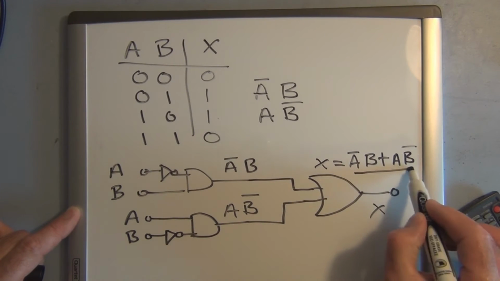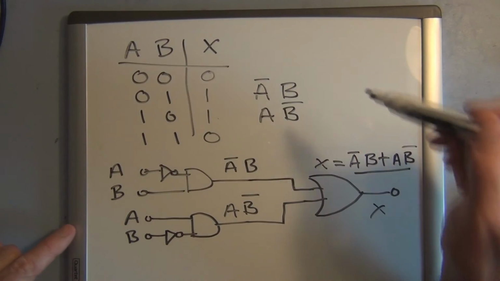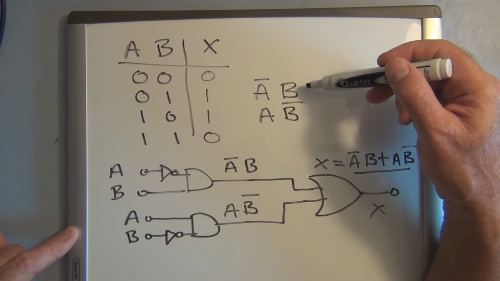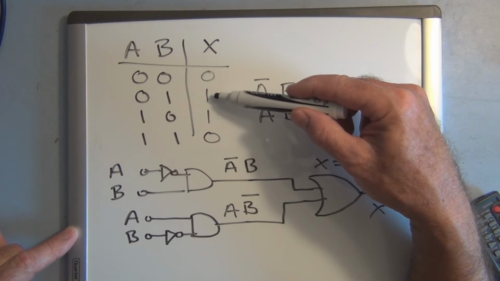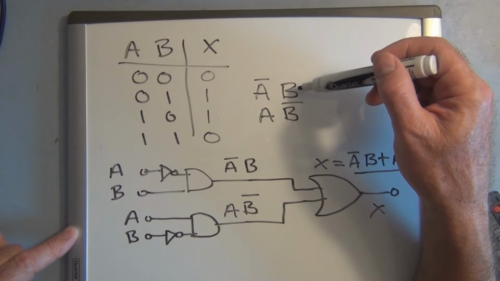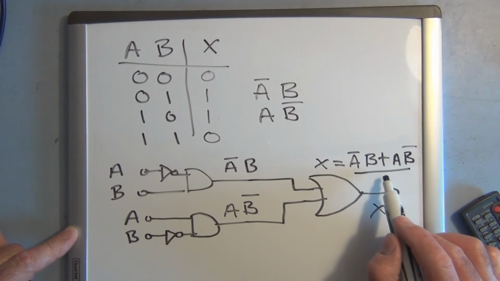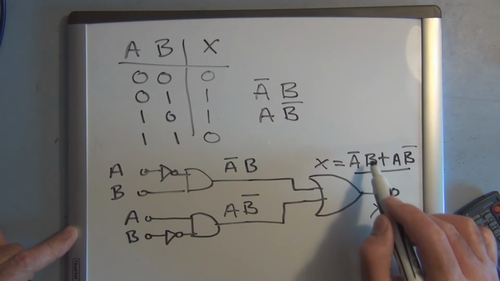This is the Boolean expression for that output. So what we do is write the AND term for each case from the truth table where the output is a 1, and then you OR those AND terms. And then you end up with an expression which we've already defined as the sum of products.